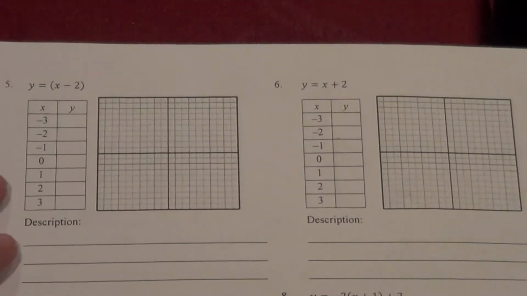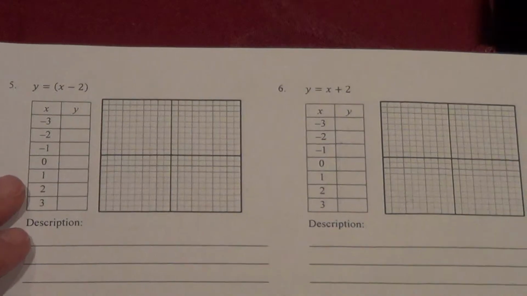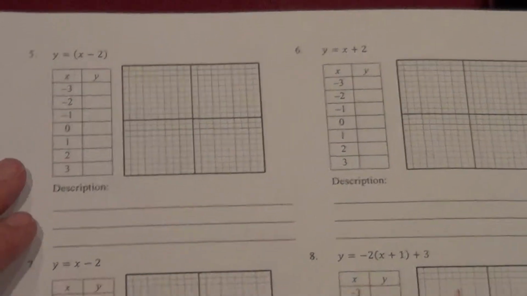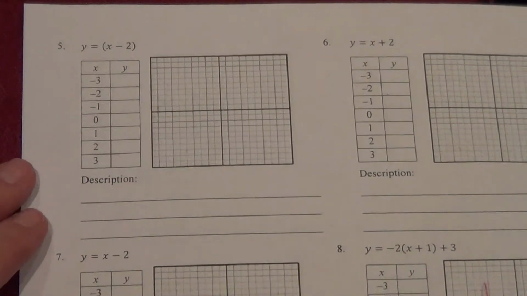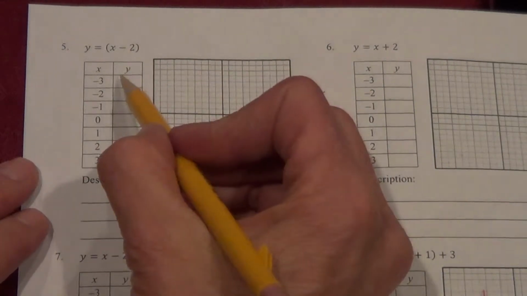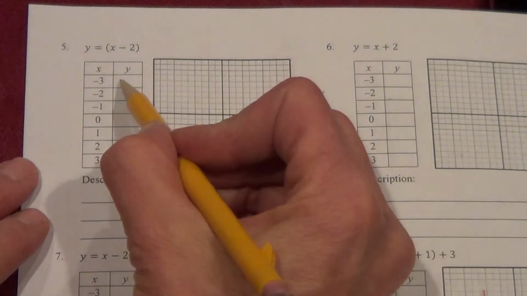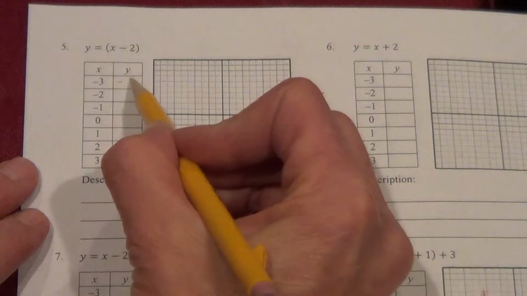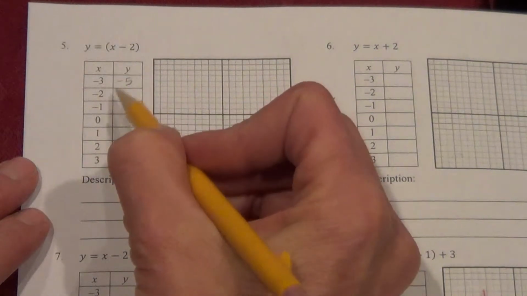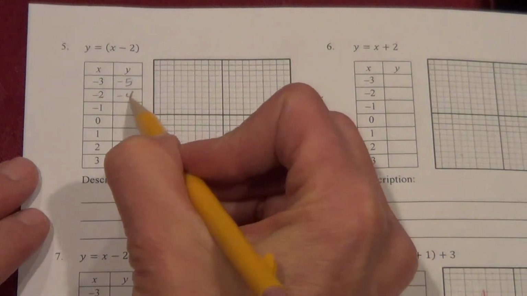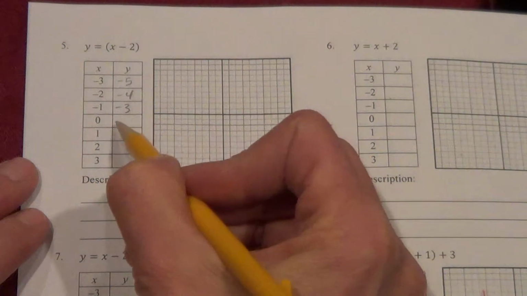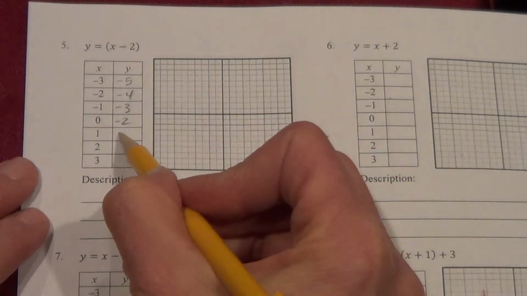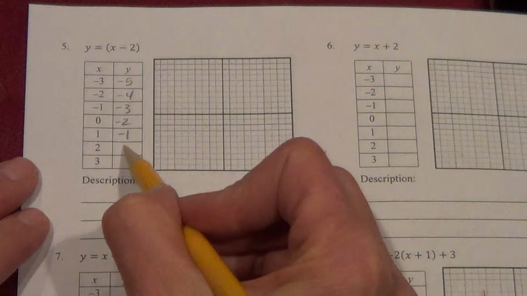Number 5, if we subtract 2 from each value, well, negative 3 minus 2, that's plus a negative 2, be negative 5. Negative 2 plus another negative 2 is negative 4. Negative 3, negative 2, negative 1, 0, 1.